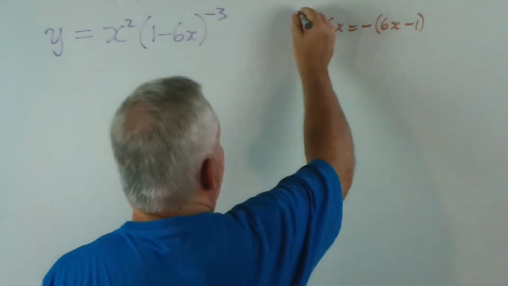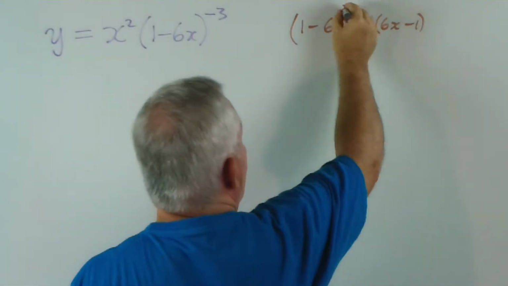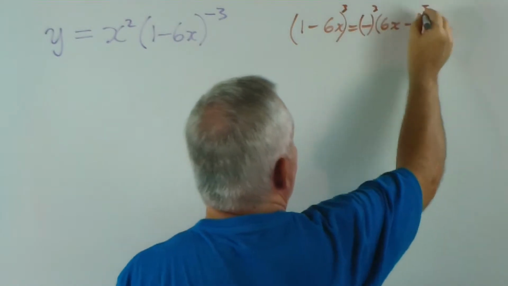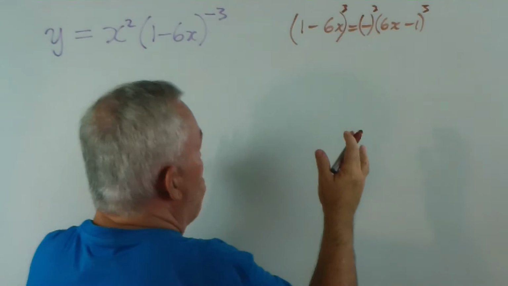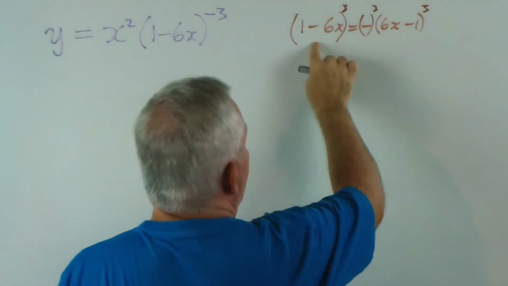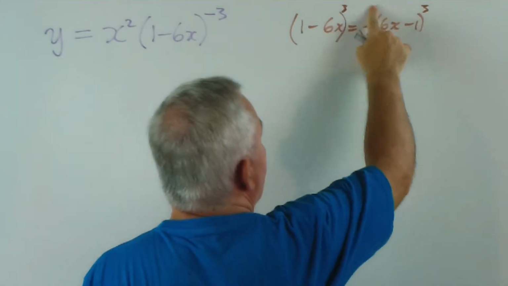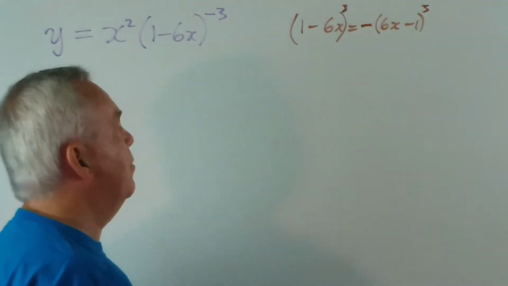Now, if we do this to the power 3 or negative 3, it doesn't really matter. The negative just puts it on the bottom of the fraction. The fact is it's odd. And by taking the cube of all of these, we see that the negative sign is cubed, which means I can replace it all with a simple negative.